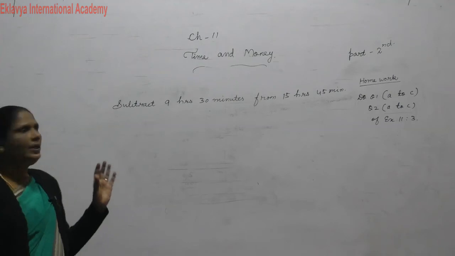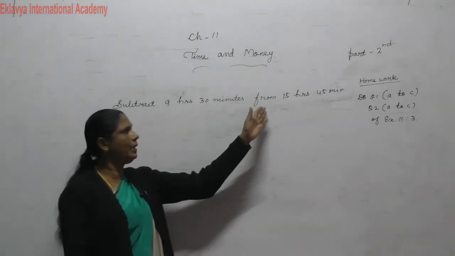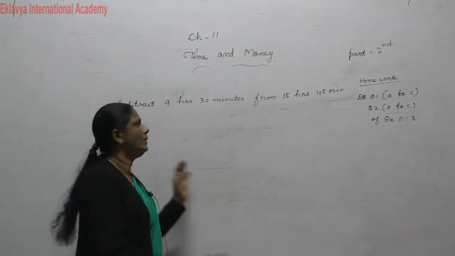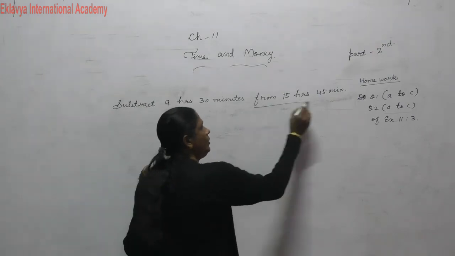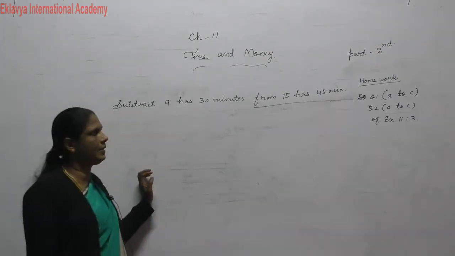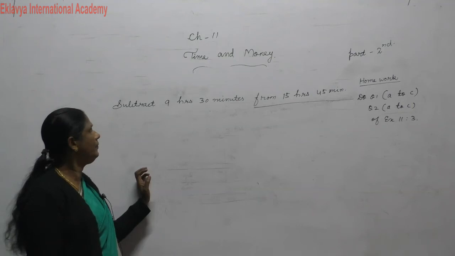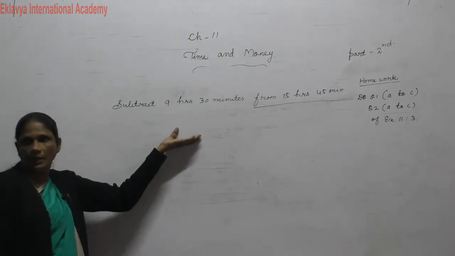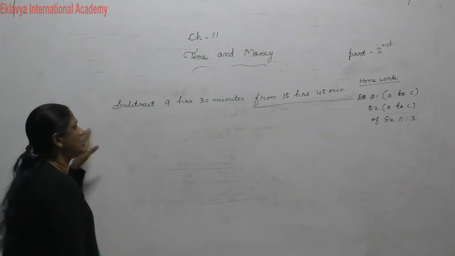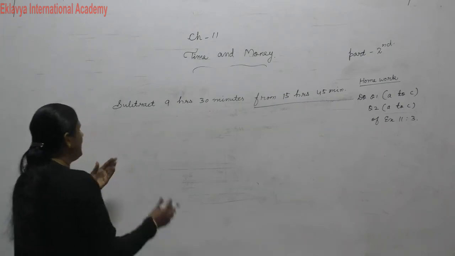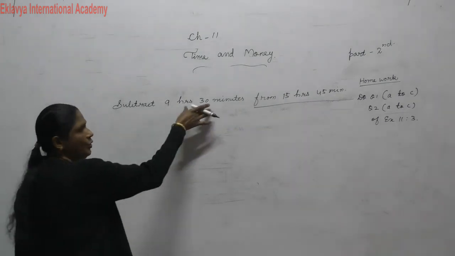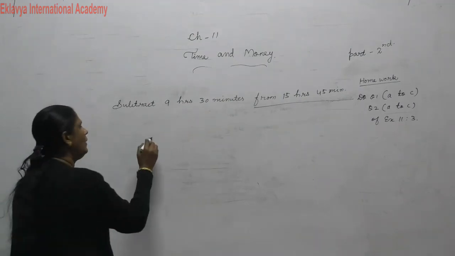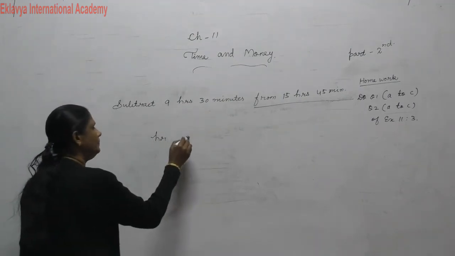Listen, in this question, which word comes here? "From." Therefore, which number do you write first? The second number. Okay. First you arrange these numbers column-wise. This is also time, so arrange it with the 2 units given here, hour and minute.